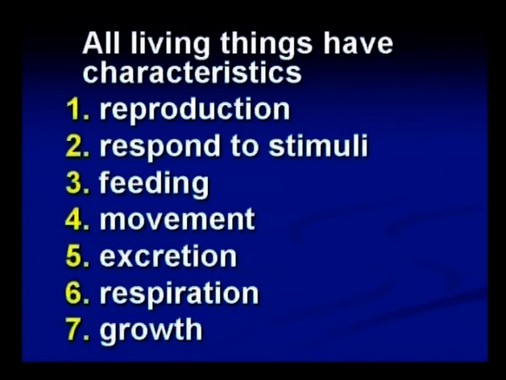Next one, movement. Excretion simply means living things must give out waste. And living things all breathe in and out air. Human beings breathe in oxygen and give out carbon dioxide, so respiration. And the last one, all living things grow. Imagine yourself in 5 to 20 years' time. Will you be the same?